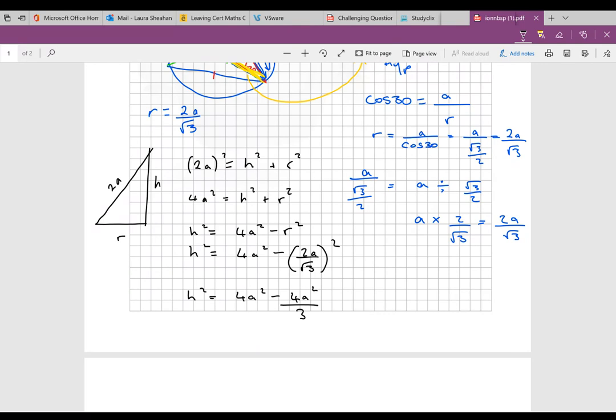So if I get one expression here for h squared, with a common denominator of 3, it will be 12A squared minus 4A squared.